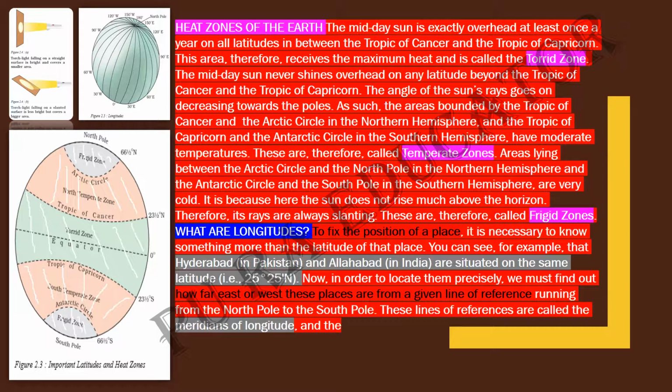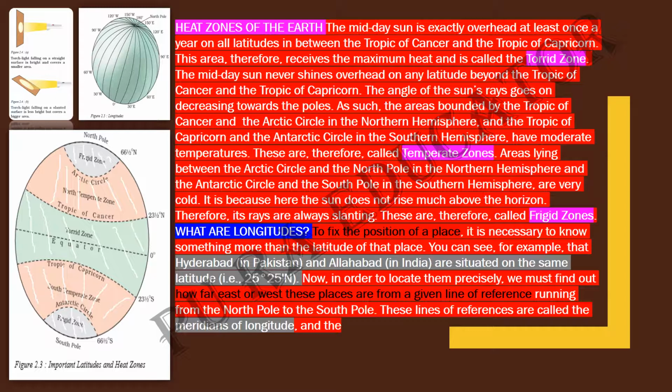Now we will see another important imaginary line which is drawn vertically on the earth's surface. They are known as longitudes. Longitudes are necessary for us to locate any place on the earth's surface.